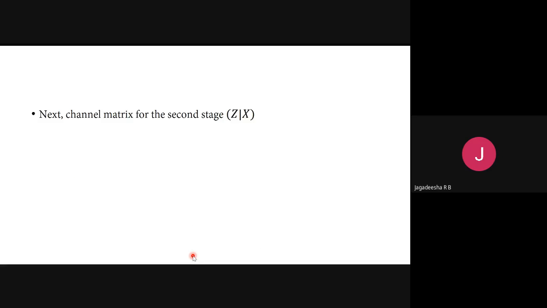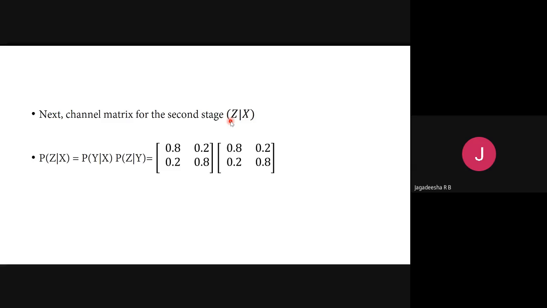Now, we are going to see the same for the next section of the given question. That is the second part of the channel. That is, X is the input, Z is the output. So basically, it is Y to Z, but our actual input is X. So for the second stage, we are considering the probability of output provided you know the probability of inputs.